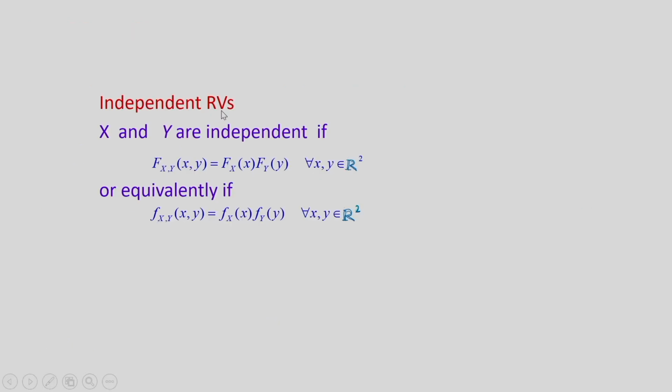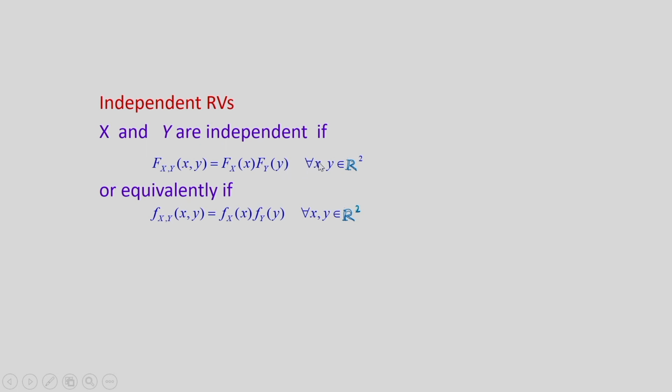Independent random variables. We know what independent events are. The same definition is generalized here. X and y are independent if the joint CDF at point x, y is equal to F x of x into F y of y.